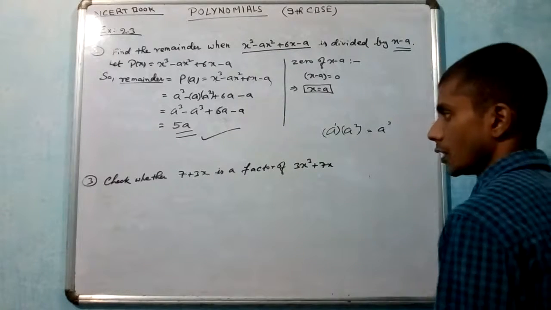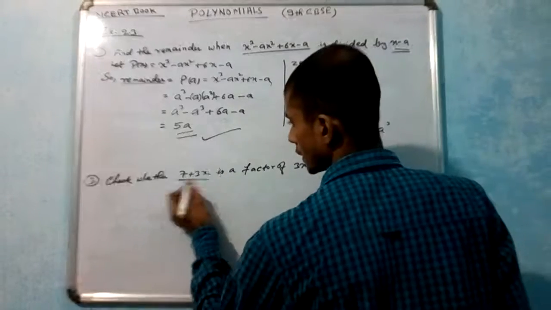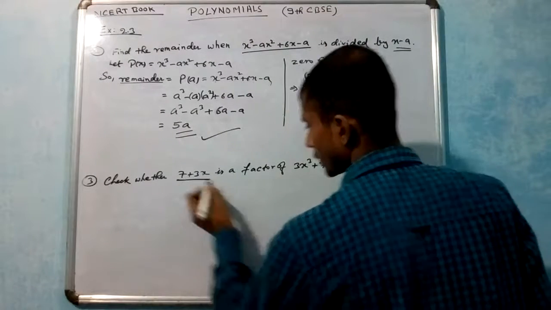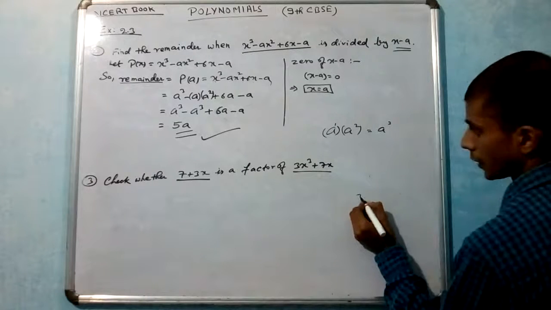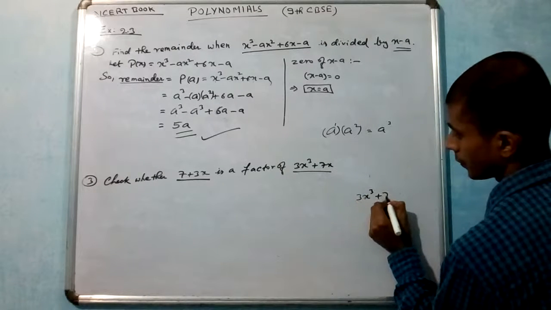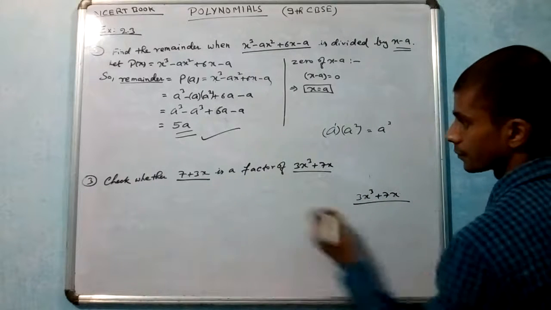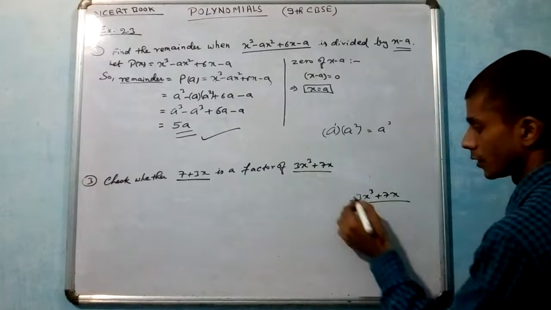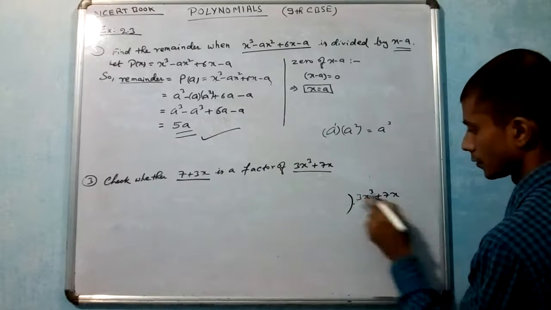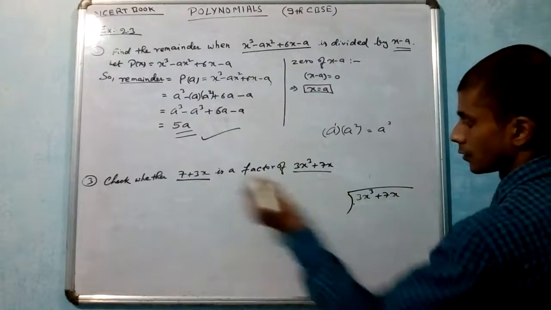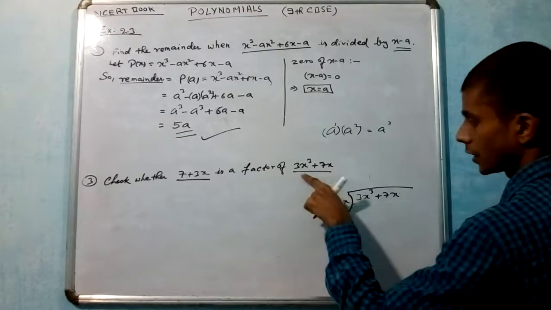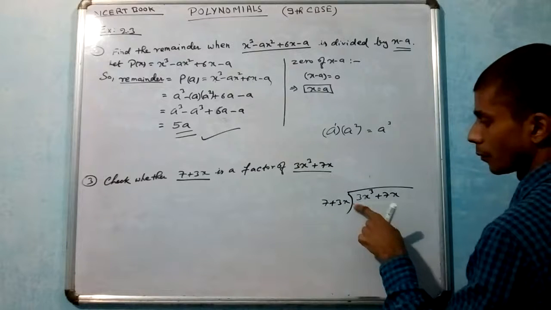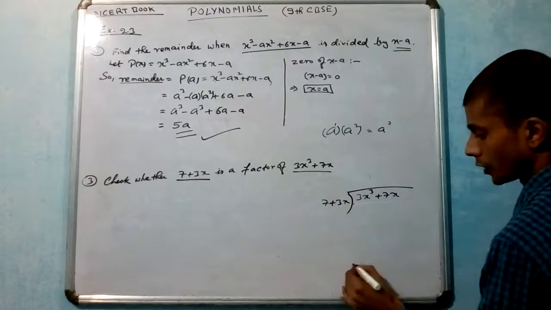Whether this value is a factor of this or not means, if I divide 3x cube plus 7x by 7 plus 3x, whether we will get remainder 0 or not.